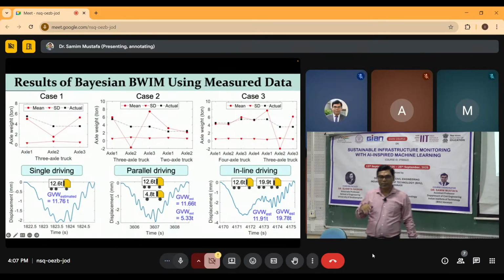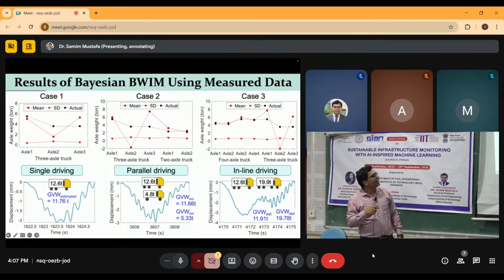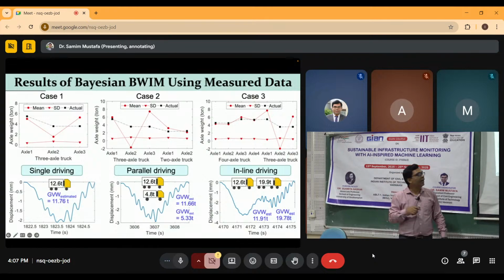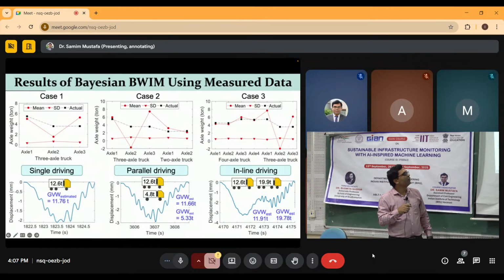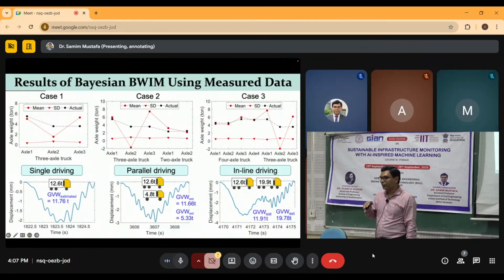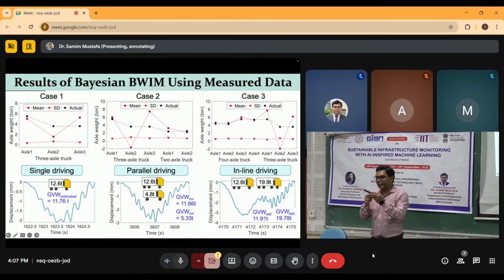Okay. And what about the axle weight? The actual axle weights are shown as the dashed black line, and the red dotted lines are the mean. So there is a discrepancy, right? Why? Gross vehicle weight is a combined vehicle weight, and that is easier to identify.